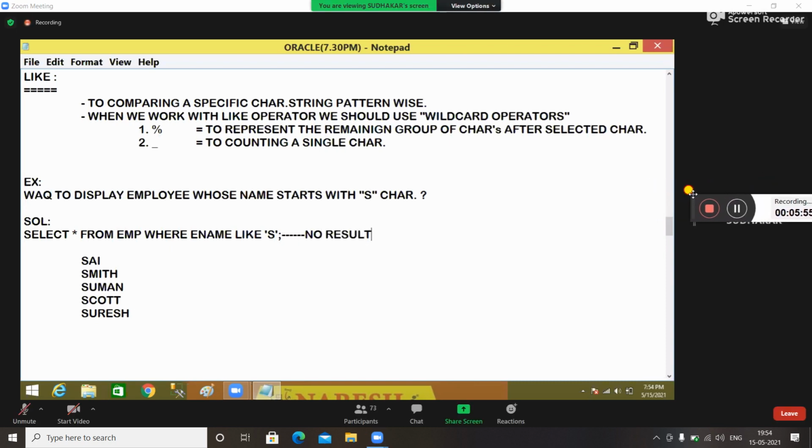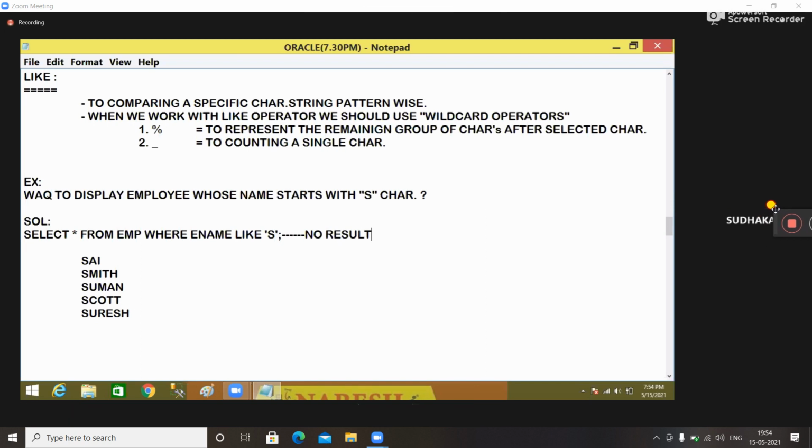Why does it show no result? The reason is simple. Sai, Smith, Suman, Scott, Suresh: all these names start with the S character.